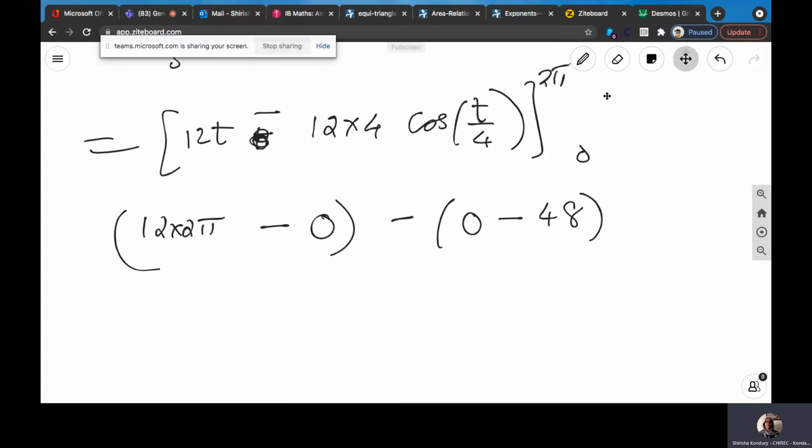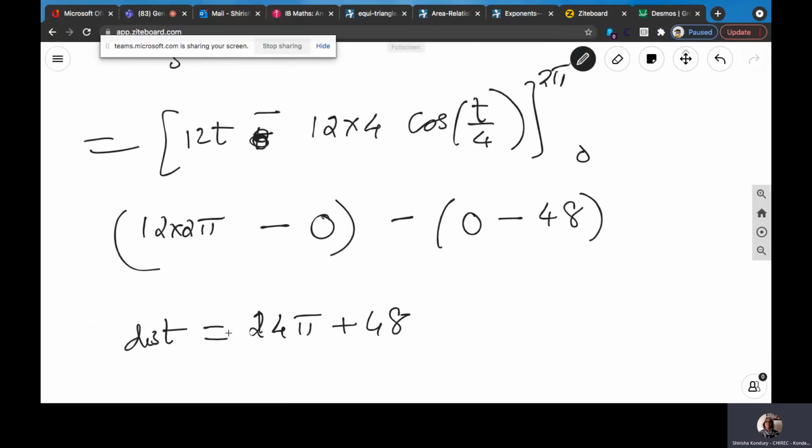So the total distance is 24 pi plus 48. If it was a non-calculator paper, I will leave it as 24 pi plus 48. However, if I have the calculator, then I will also find the value of it. Right?